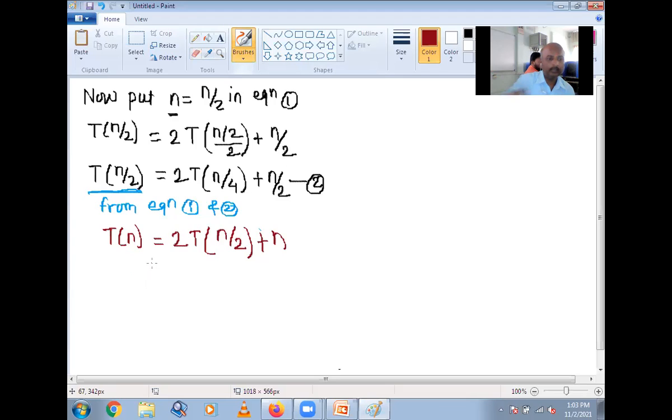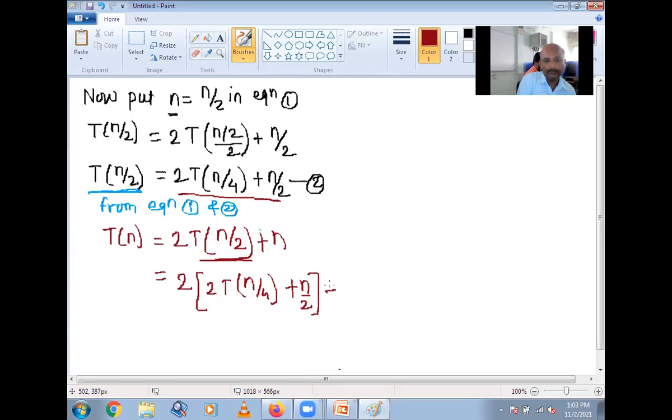Then I will put the value of T of n by 2 in this bracket: 2 T of n by 4 plus n by 2. This is the value of T of n by 2, then plus n.